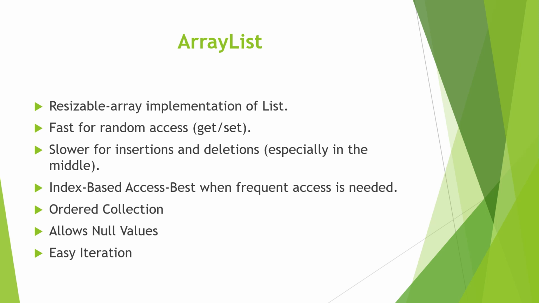The set, meaning update, and get, meaning retrieve, methods are very fast in case of array list, and insertion and deletion in between of the array list is slower. Random access is very good here, and it is always accessed with the help of index. The collection is in sequential manner, so it is an ordered collection, it also allows null value, and iteration is also very easy.